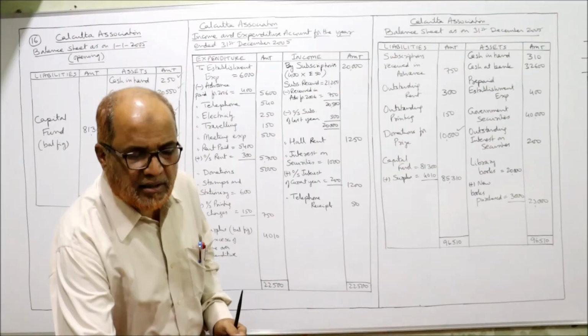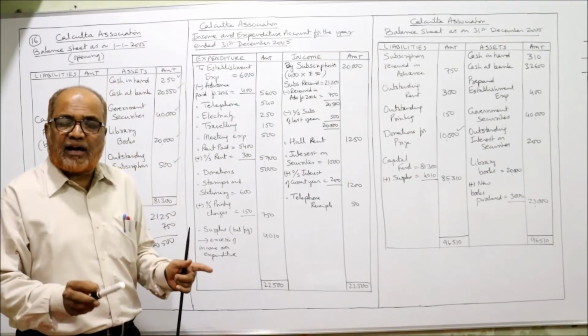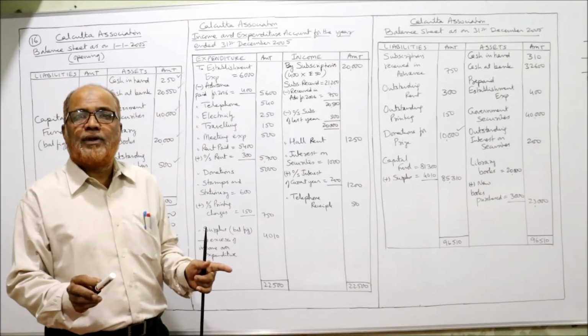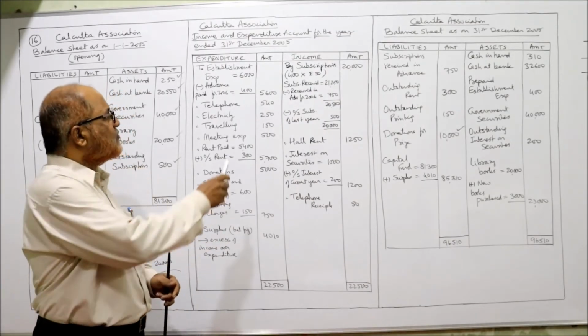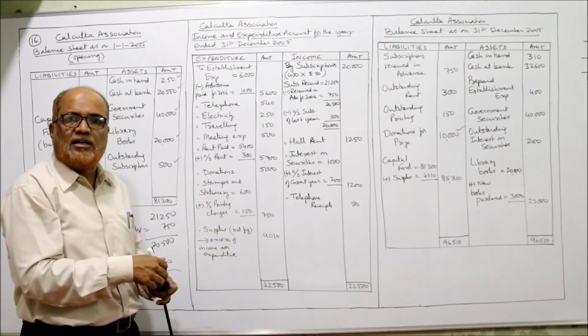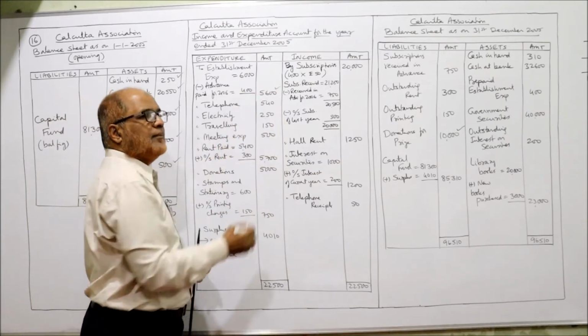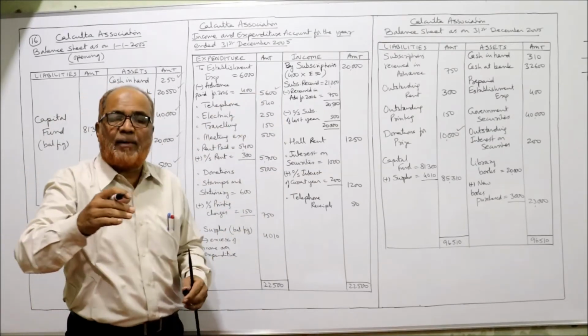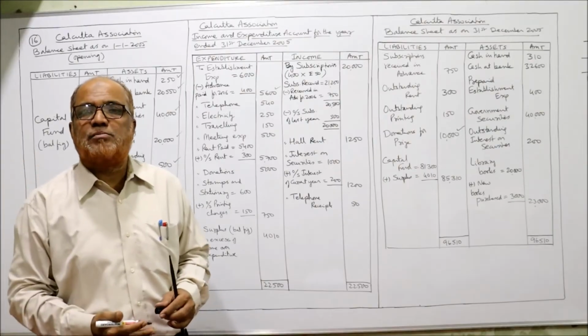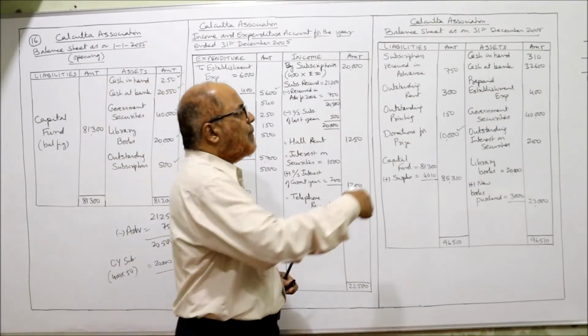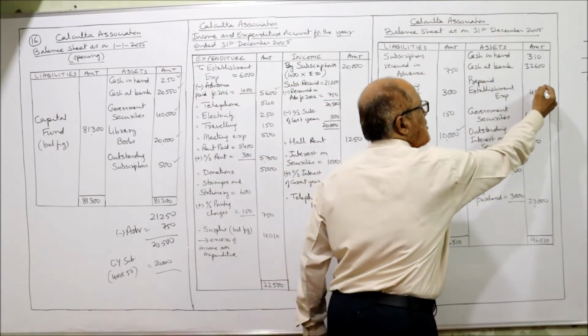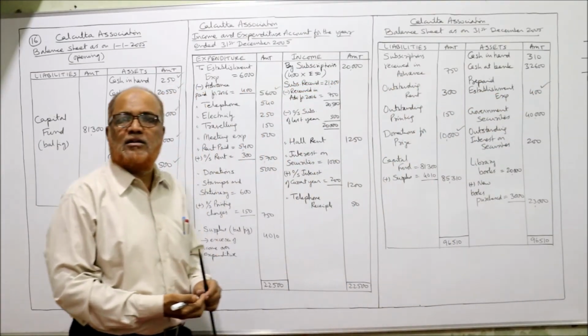So deduct it, as it is not related to the current year. Our current year is 2005, and we should take only the expenditure of 2005. This 400 rupees is for 2006. Deduct, so 5,600. The 400 rupees we have paid in advance, prepaid, should be taken on the asset side. So in the balance sheet, asset side, prepaid establishment expenses 400.